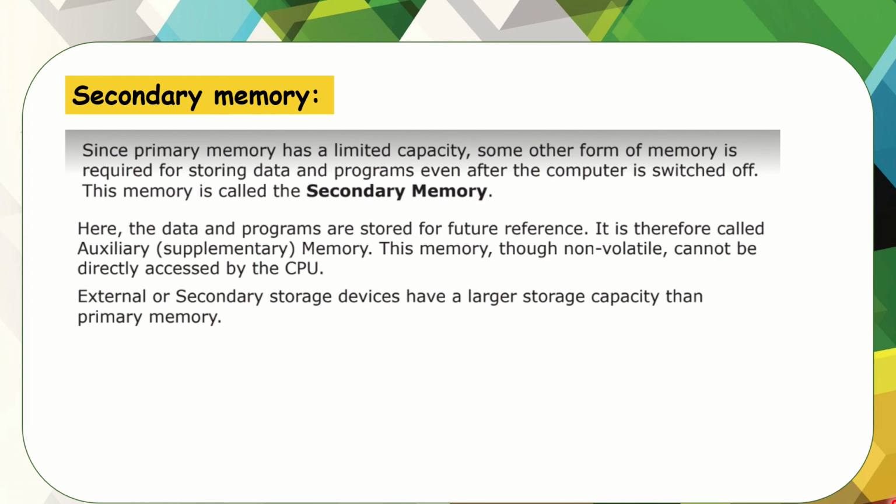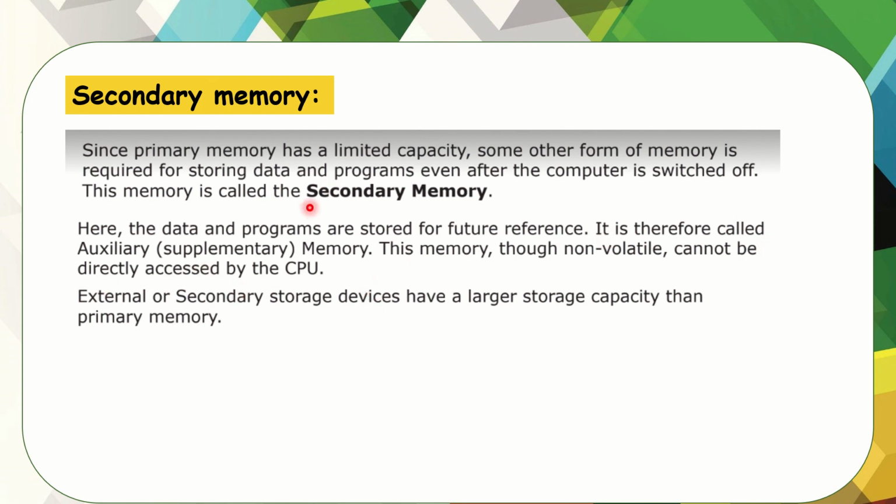And since primary memory has a limited storage capacity and is not permanent, secondary storage devices are used to store a large amount of data permanently. Got it? There are various types of secondary devices available these days. Here the data and programs are stored for future reference, right? So it is therefore called auxiliary or supplementary memory.